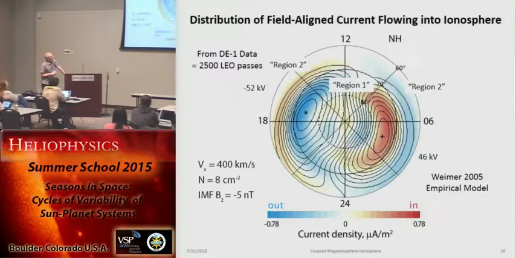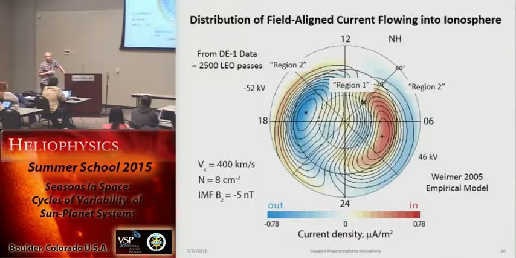So there's a conductivity. So where do you expect the largest Joule dissipation in this region? Just suppose the conductivity is uniform everywhere. Where would you expect the Joule dissipation to be largest?